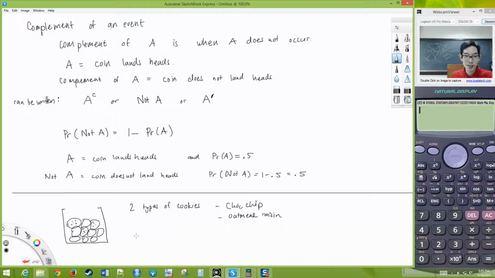Let's say the probability of grabbing a chocolate chip is equal to 65%. So what is the probability of not getting chocolate chip? It will be 35%, 1 minus 0.65.